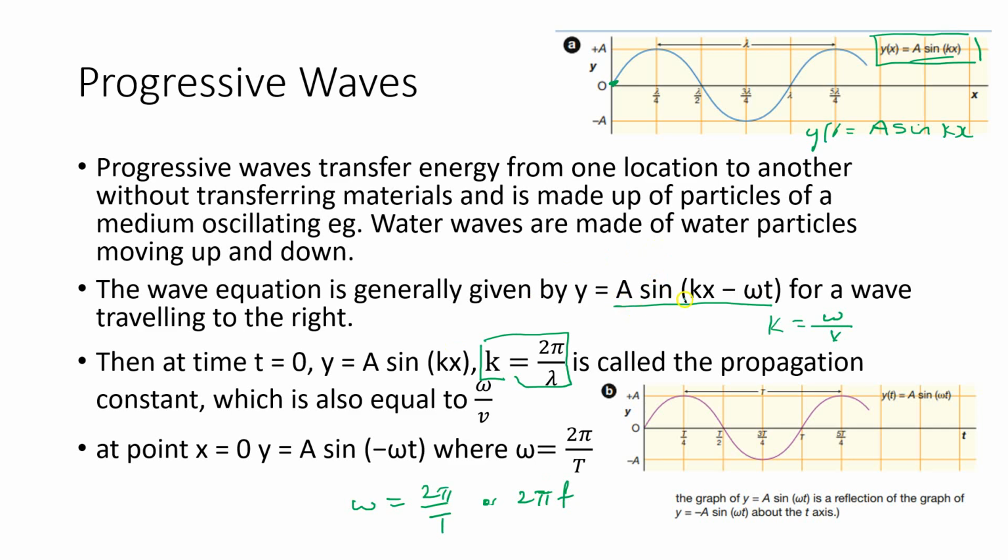So as we said, this is the overall equation. It just ties in everything that happens here, right? As we said, A is the amplitude, right? K is our propagation constant.